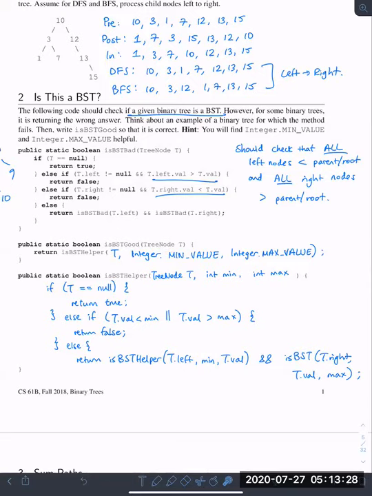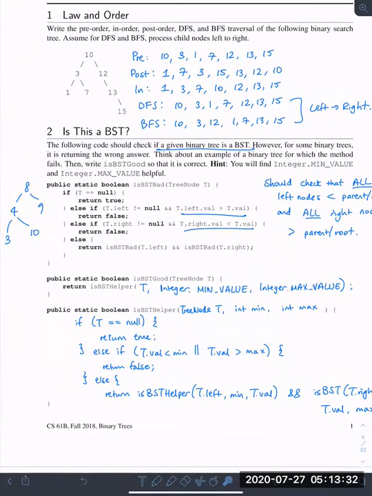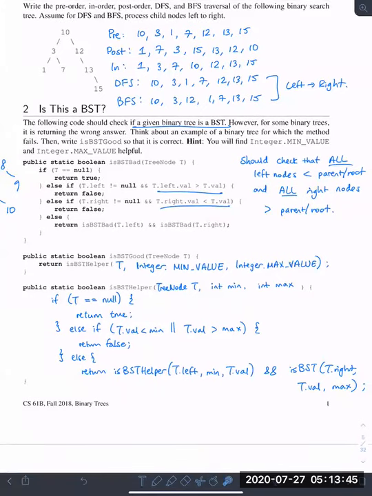To determine whether the BST invariants are satisfied globally, you want to keep track of the range at whatever subtree you're at. That can be done by passing in a min value and a max value. In the beginning, you're going to use the most possible minimum value, which is integer.min value, and the most possible max value, which is integer.max value.